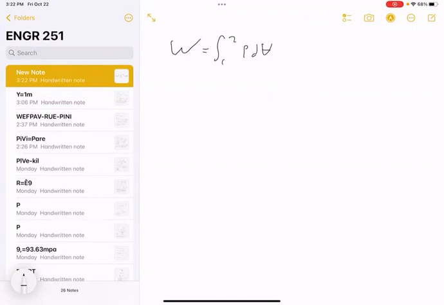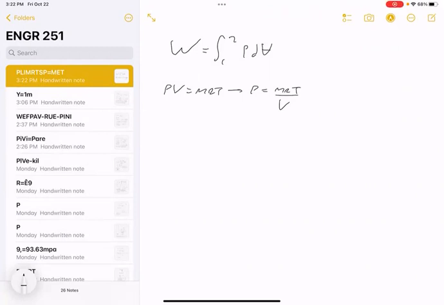But what can we do? Well, we can use the ideal gas law because this is nitrogen, and we're assuming it's an ideal gas. The ideal gas law is PV equals mRT, or alternatively, P equals mRT over V. And this is R specific, which we'll have to get from a property table, so it's dependent on the fluid.